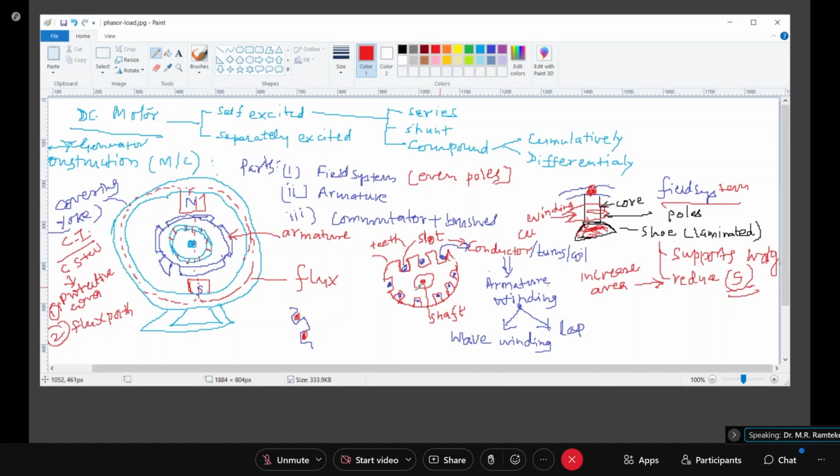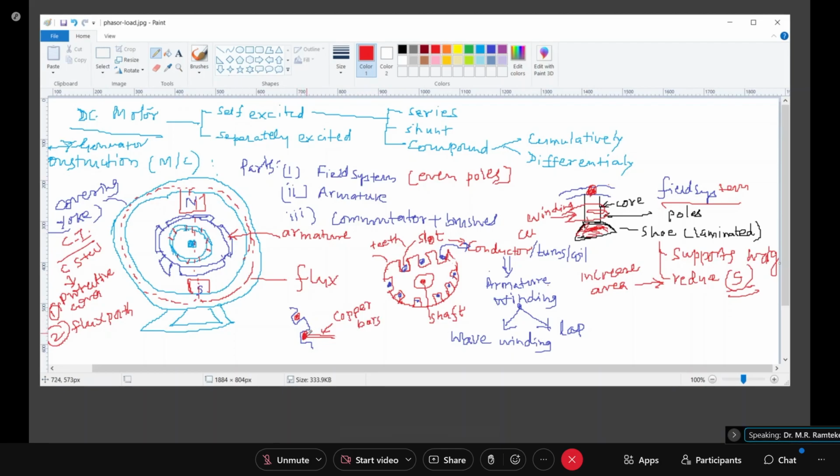Now on the same shaft, the armature is there, and this armature coil or armature winding is connected to a copper segment. So these are the copper segments or copper bars, you can say, big bars.